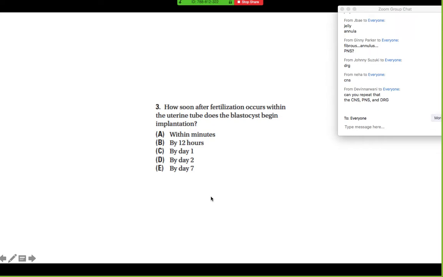Okay, so here's some practice questions. How soon after fertilization occurs within the uterine tube does the blastocyst begin implantation?